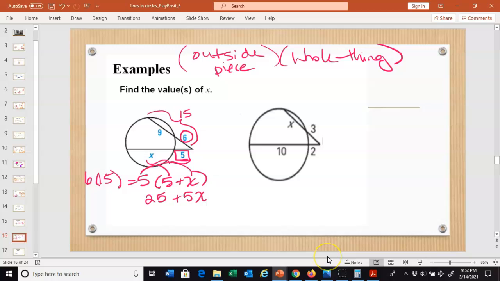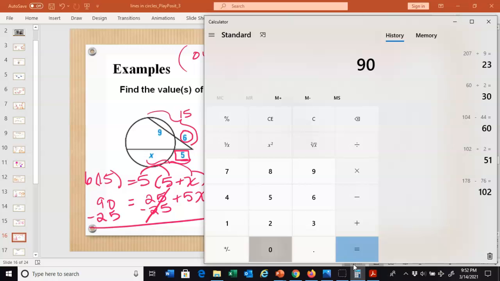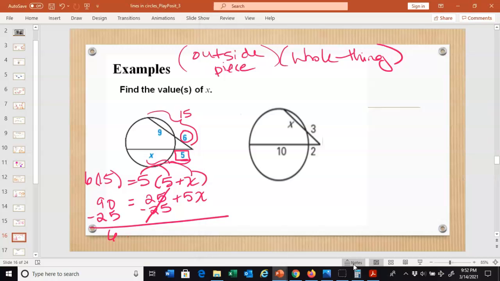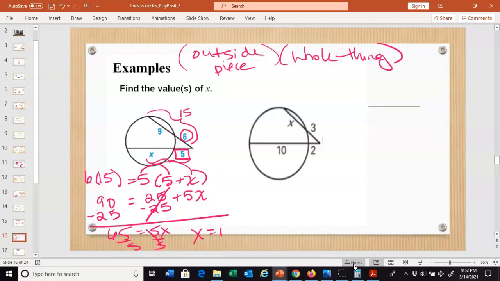What is 15 times 6? Well, 10 times 6 is 60. And then 5 times 6 is 30, so that's 90. You can always use your calculator. In fact, I might do that soon here just to make sure we're going on the right track. So 90 minus 25 is 65, and then we'll divide by 5. Divide both sides by 5, and you get x equals 13.